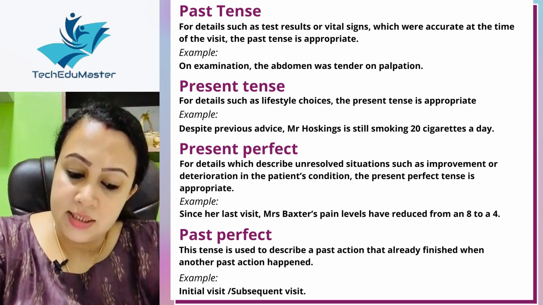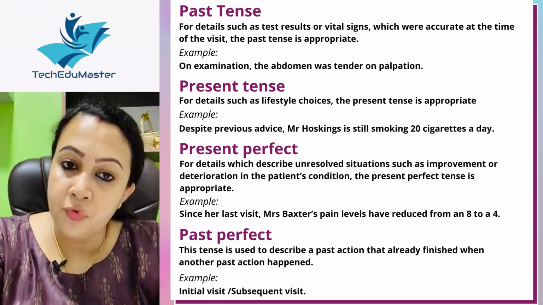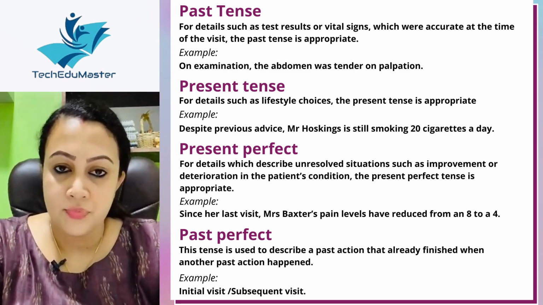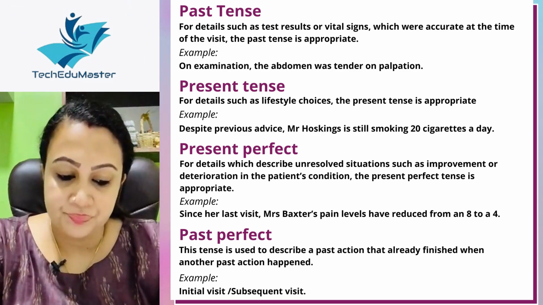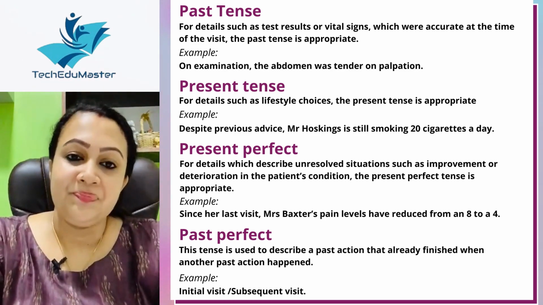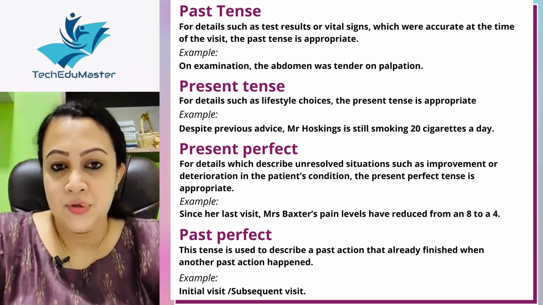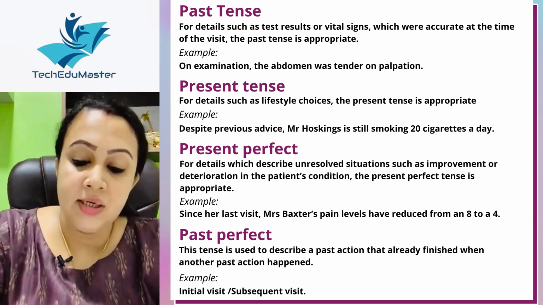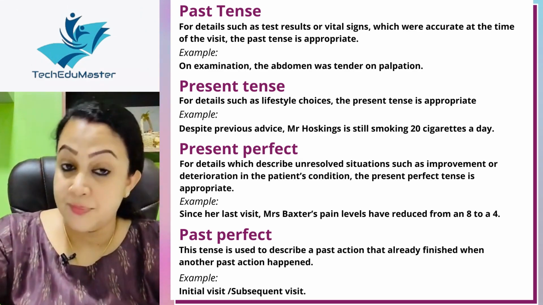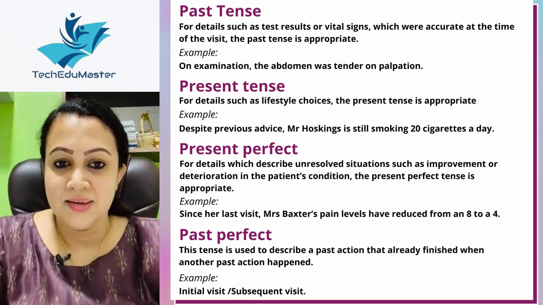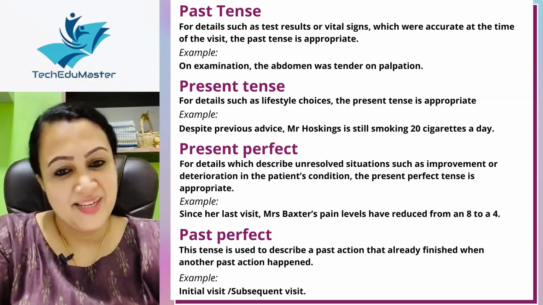That means the patient's condition had improved before 1/1/2010, the day of the visit. I hope that is clear. So when to use past perfect tense in an OET letter? It can be used during the initial visit and when subsequent visits are there. I hope that is clear.